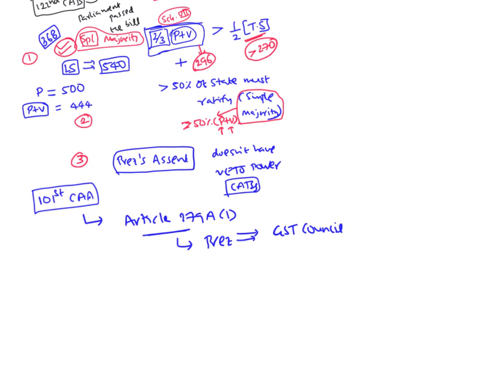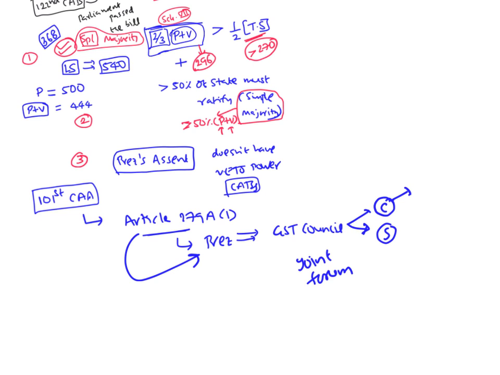GST council can be formed, right? This article gave the authority to president to form a GST council, and GST council obviously is a joint forum. It is a joint forum, which means there will be representatives from the center as well as state.